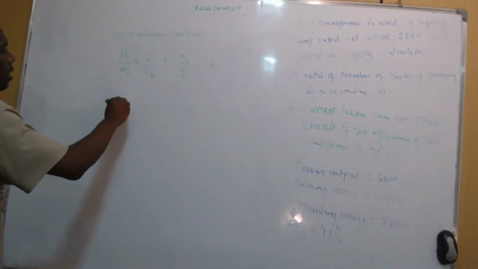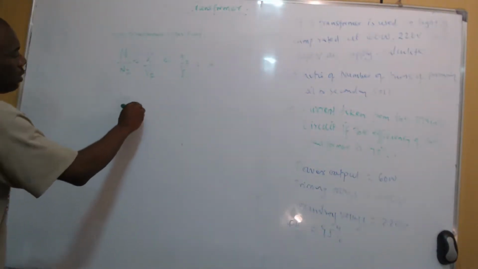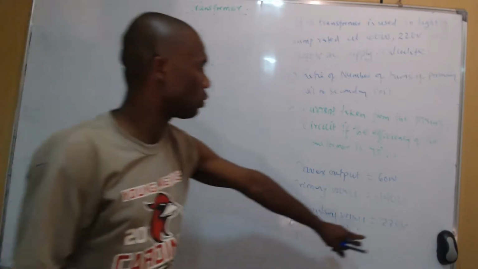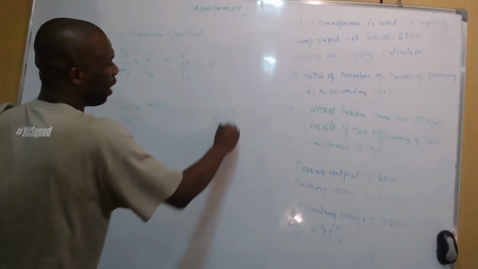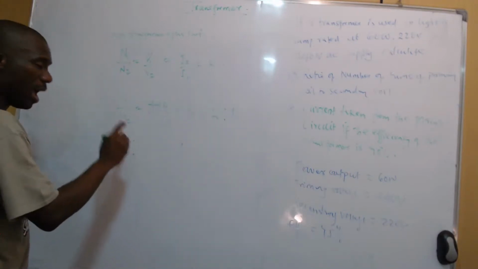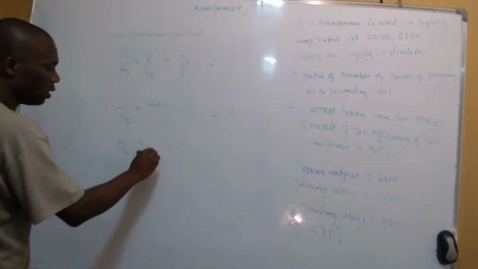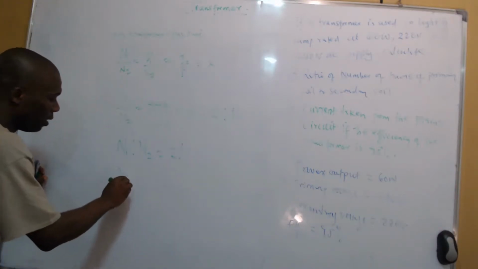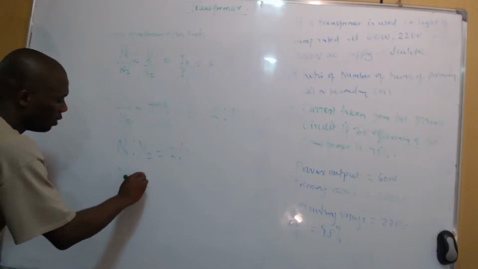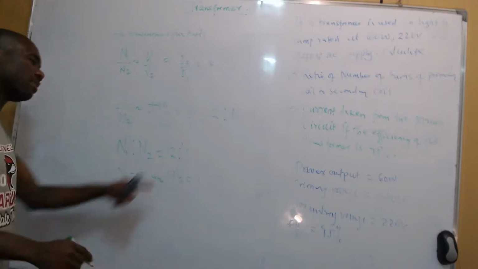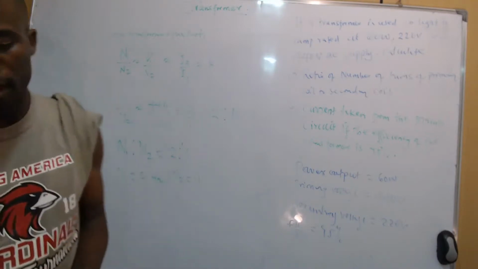So we now have N1 over N2 is equal to 440 all over our secondary voltage, 220, which is 2:1. So N1 is to N2 is equal to 2:1. This means that N1 is 2 and N2 is equal to 1. That is the ratio, 2:1.